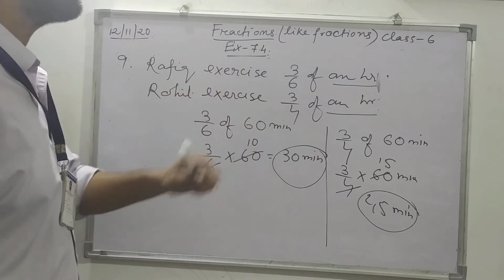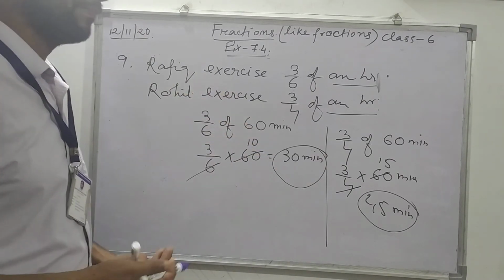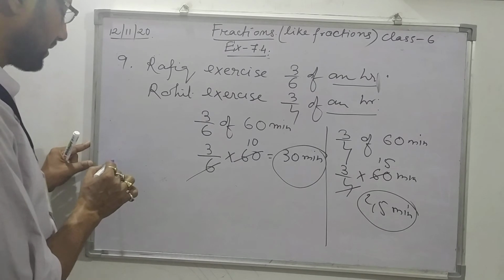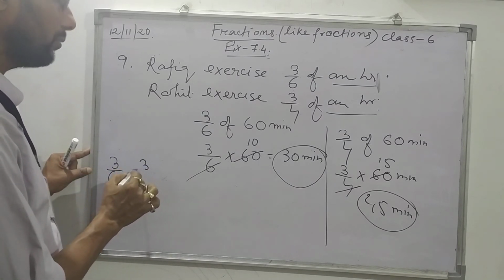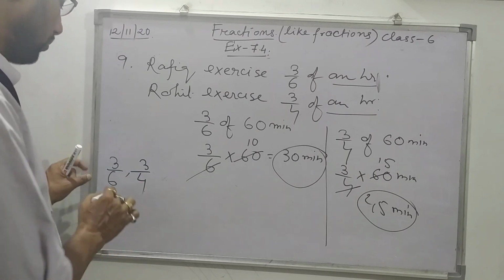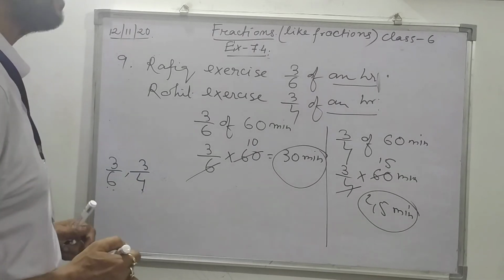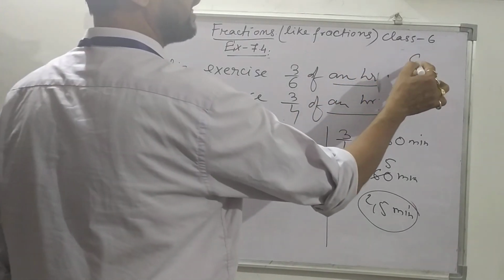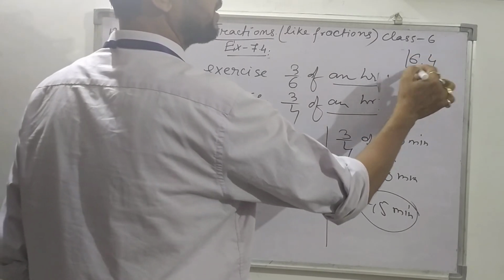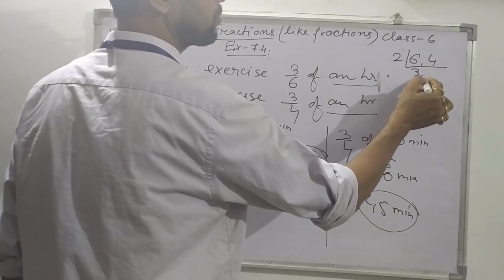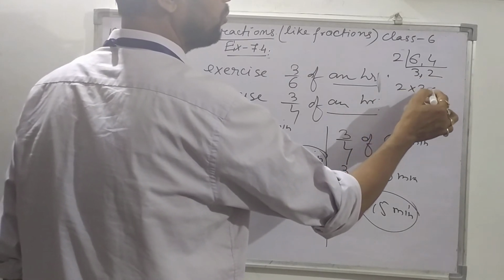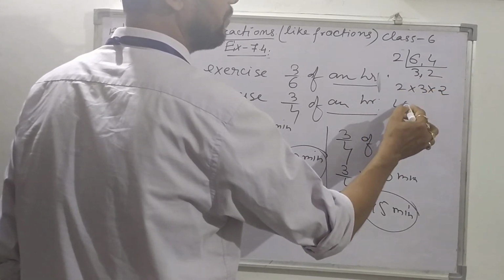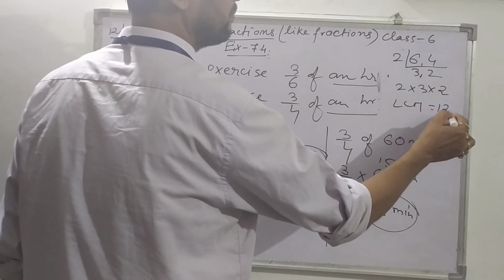But we can do it another way by converting into like fractions. So students, 3 by 6 and 3 by 4. We find the LCM of 6 and 4, as we have already done in factors and multiples. 2 3s are 6, 2 2s are 4. So we multiply 2 into 3 into 2, and the LCM will be 12.